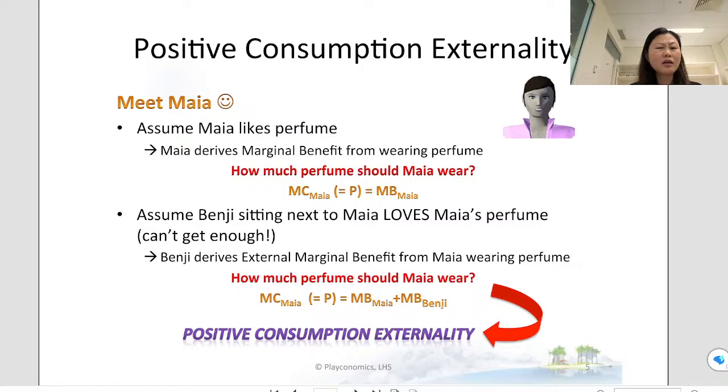That is how much I like the perfume on me. Maya is putting on perfume, and that is an individual decision. But she is having an external effect on Benji. Benji is sitting next to Maya and loves Maya's perfume.